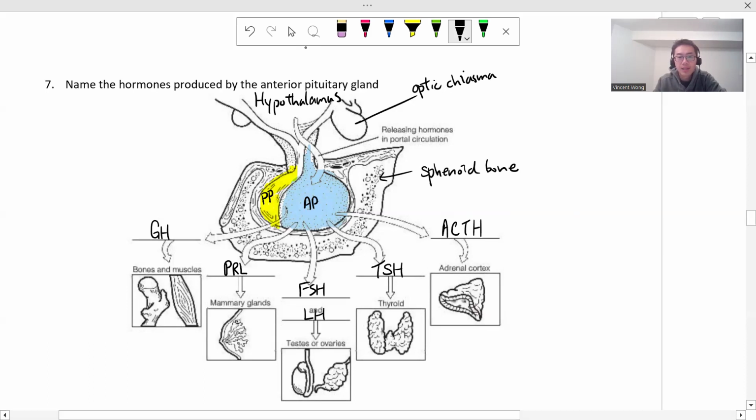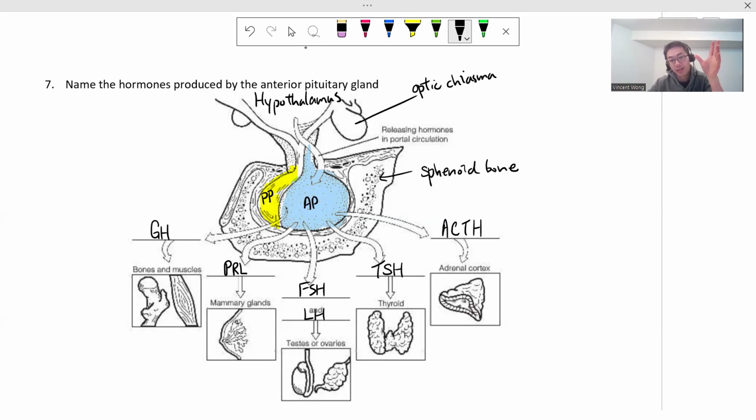Okay, so here it says releasing hormone in portal circulation. Portal circulation is a capillary network, right? When you have two capillary networks connected together through a very short blood vessel, we call that a portal system. You have that in the brain, you have that in the liver. It just helps circulation really quickly. In fact, the nephron also has a portal system.